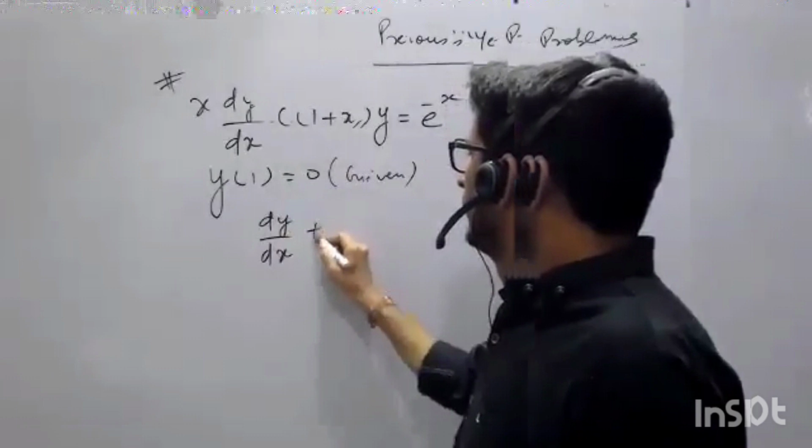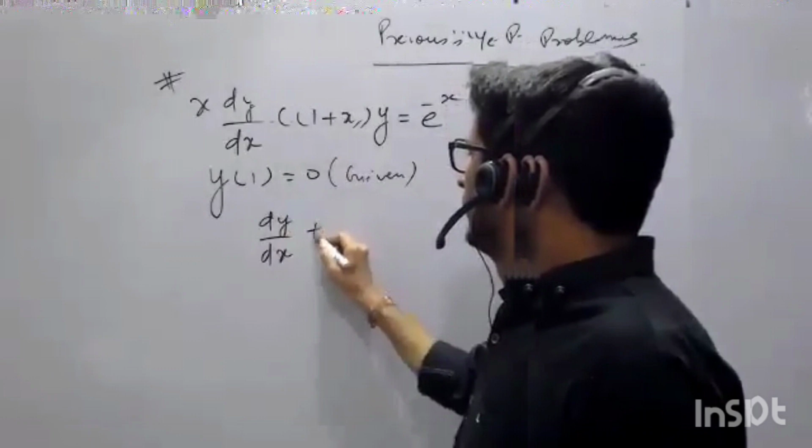So let us write the solution finally. Y into integrating factor is equal to integral q into integrating factor into dx plus c. So y into x e to the power x will be x plus c. Apply this, y(1) is equal to 0.